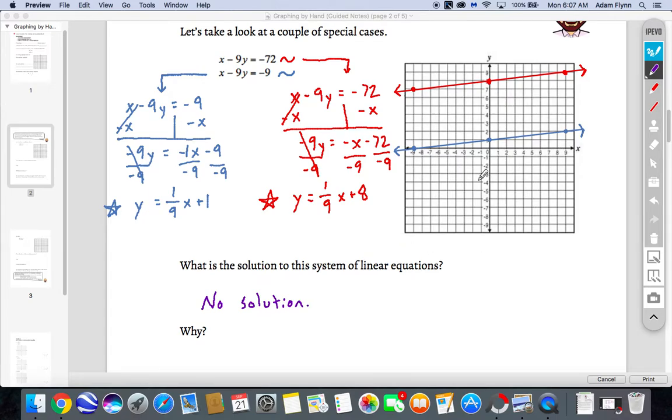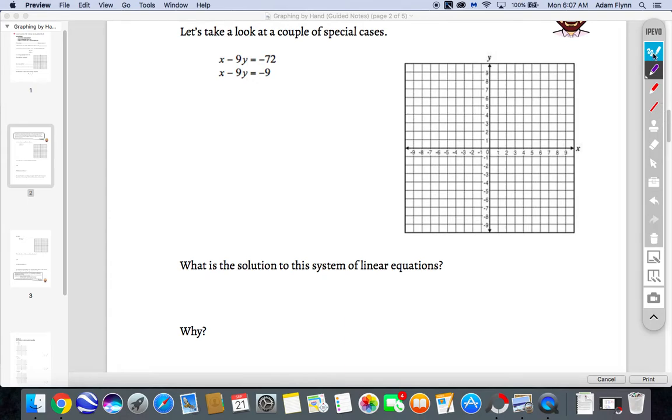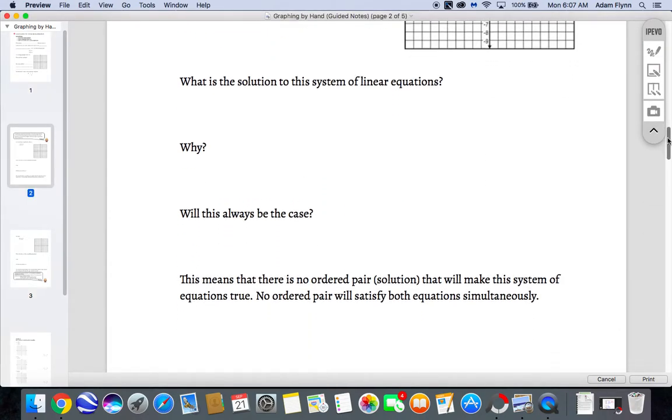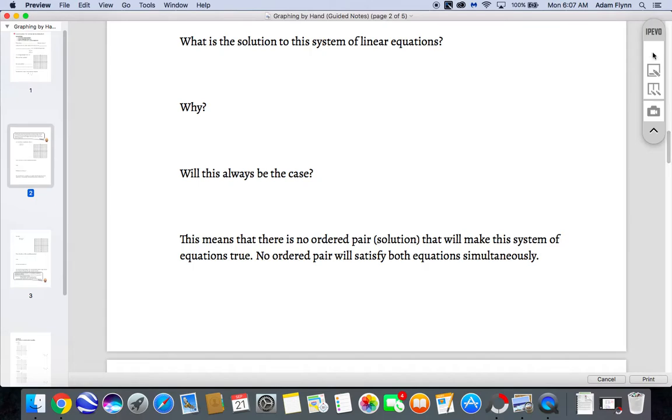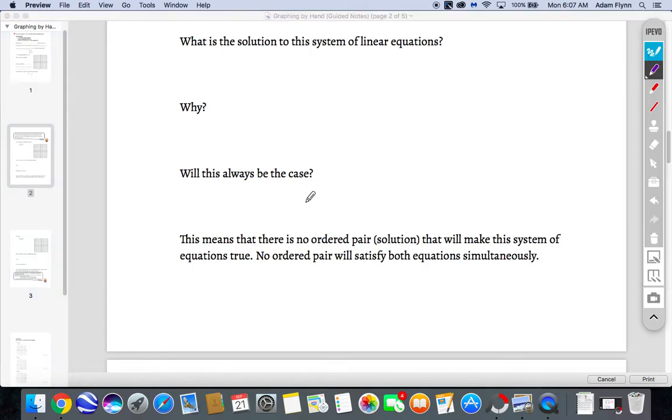Okay, I'm going to scroll down a little bit so I can finish the page. Okay, and why is our answer no solution?